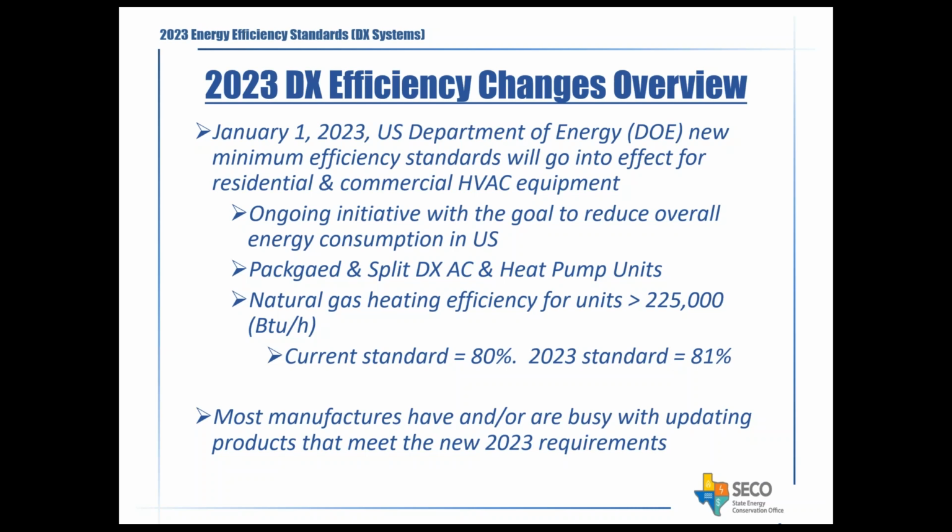So ASHRAE develops the Model Commercial Energy Code, also known as 90.1, and the International Code Council develops the International Energy Conservation Code, which contains chapters for both residential and commercial buildings. So something to just keep in mind that these are the two main organizations that handle codes, and the cycle time for code is every 3 years.